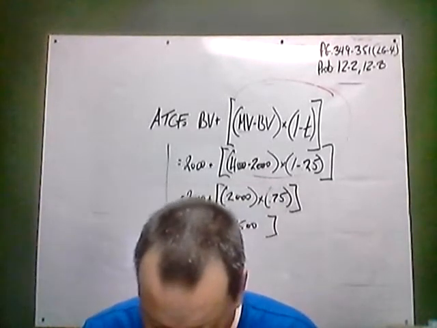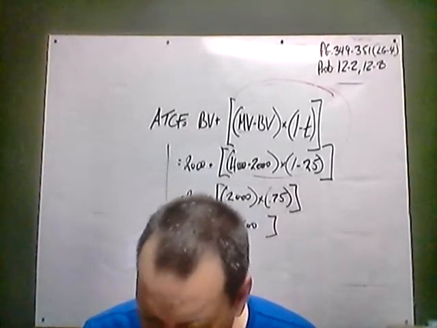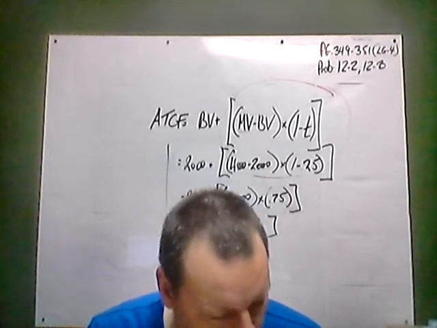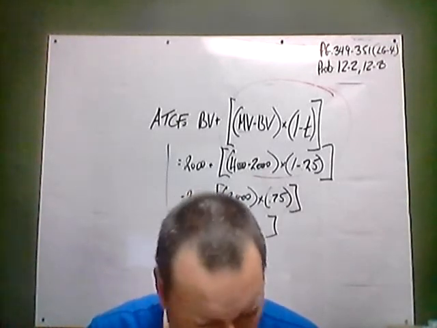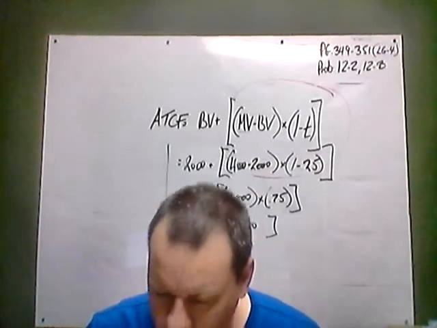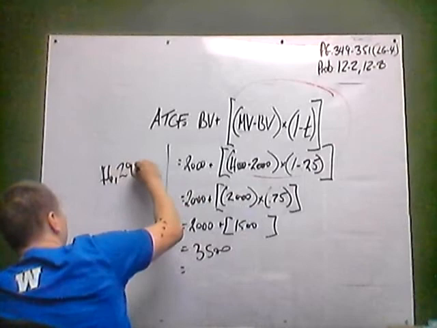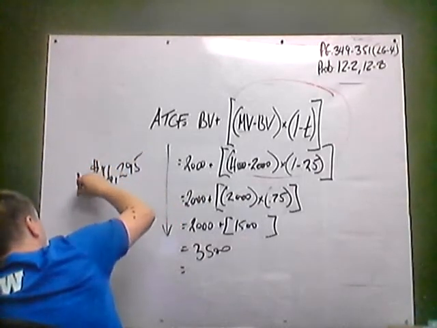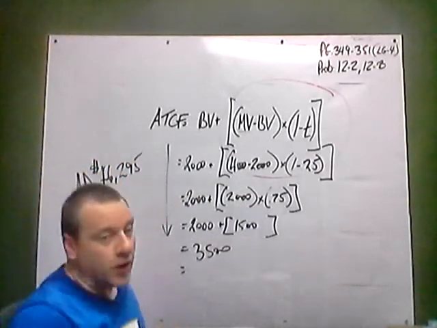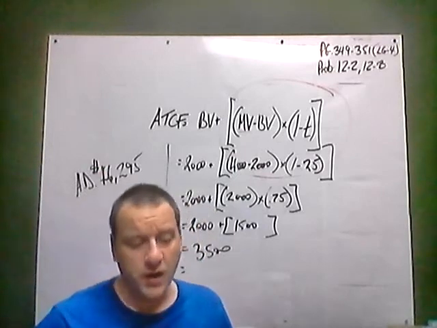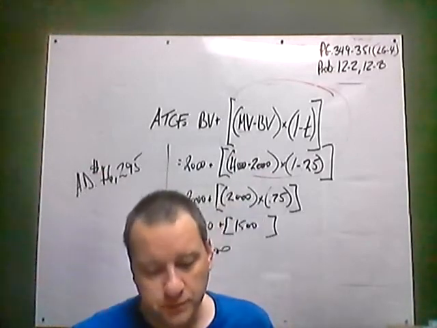The cost on this item was $50,000. The accumulated depreciation that I want you to use is $46,295. So you got your cost, you got your accumulated depreciation. That will give you your book value.